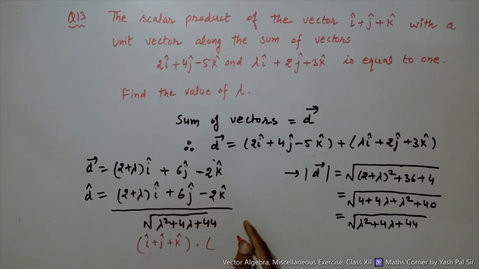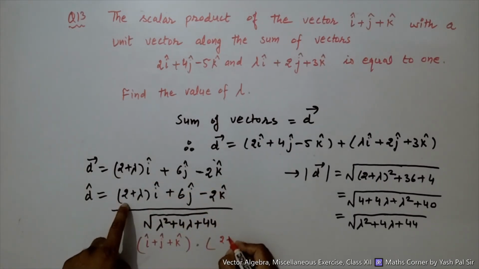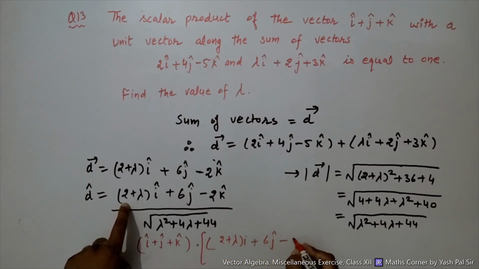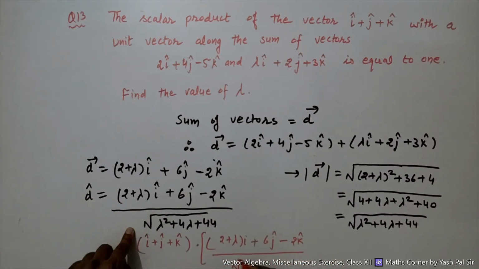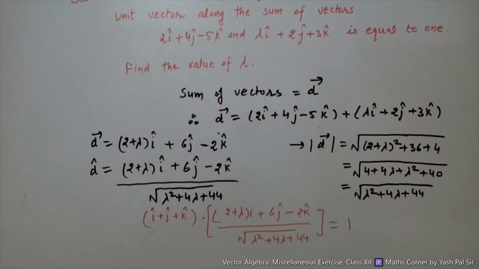What is the resultant vector? 2 plus lambda i plus 6j minus 2k, divided by square root of lambda square plus 4 lambda plus 44, is equal to 1.